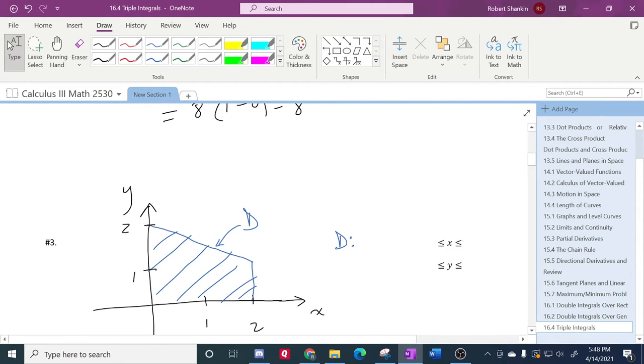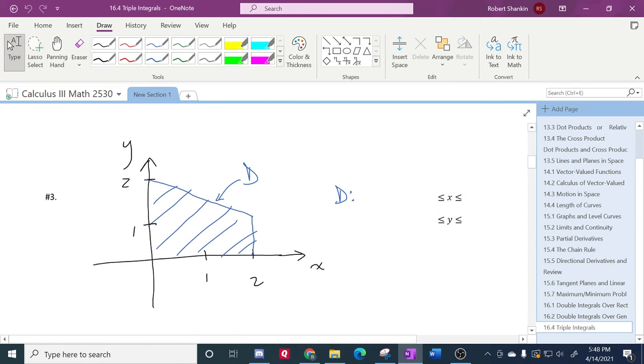Okay, the region D looks like this. Straight lines. This is the point 2 over, 1 up. Okay, and so map out the inequalities that define this region. So I'm going to give you a minute. Fill in what goes in the left and the right of the x and the y inequalities.